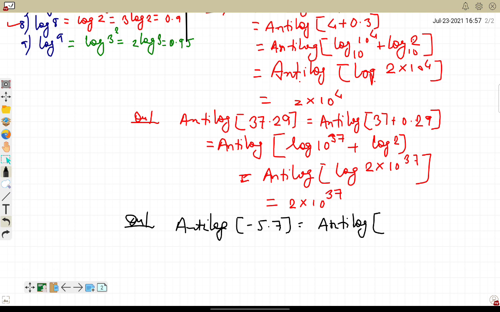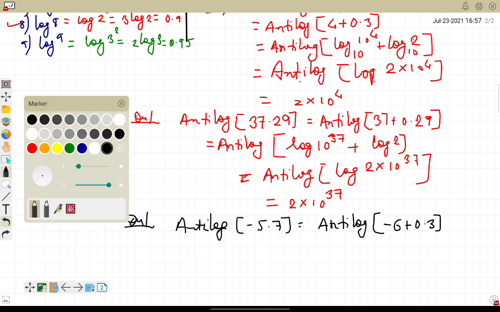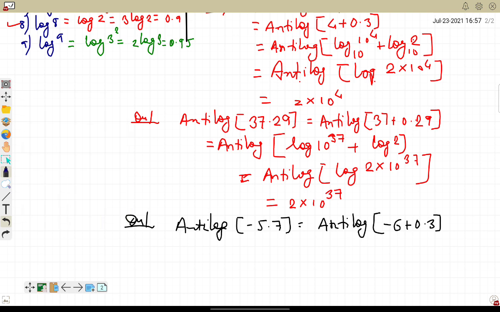So we need to break it like minus 6 plus 0.3. You can check these two sum to minus 5.7. This term is very important. This value is the Mantissa value, and the Mantissa value must lie between 0 and 1, and this one is our characteristic, which is any integer. It may be positive, may be negative.